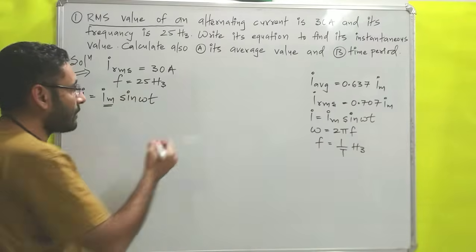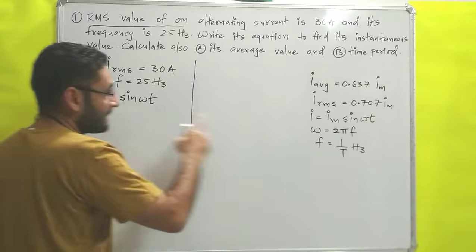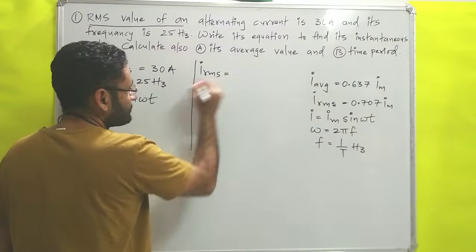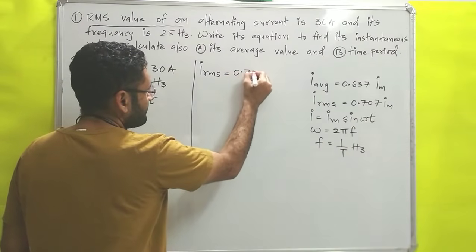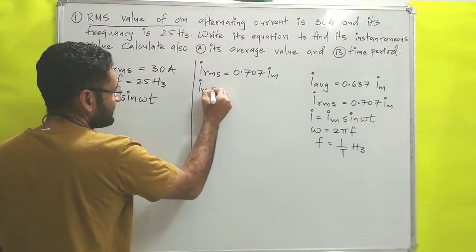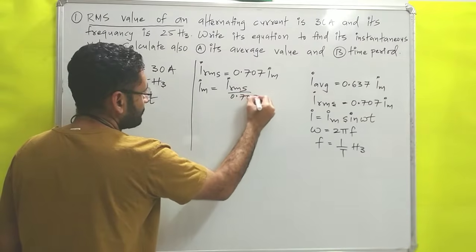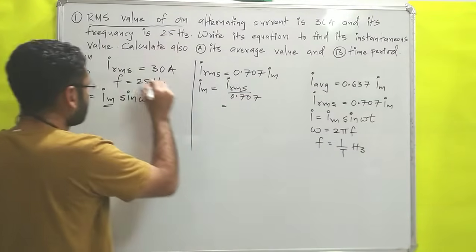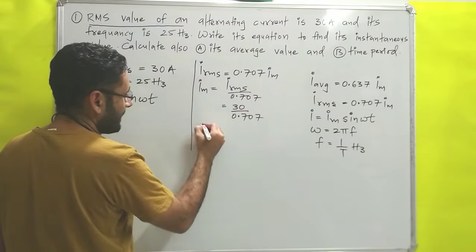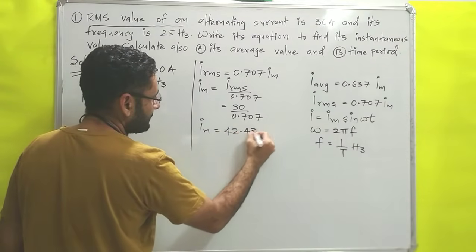You know very well the relationship between Im and I RMS: I RMS equals 0.707 Im. We want the value of Im, so Im equals I RMS divided by 0.707, which is 30 divided by 0.707. If you calculate this, the maximum current will be around 42.43 ampere.